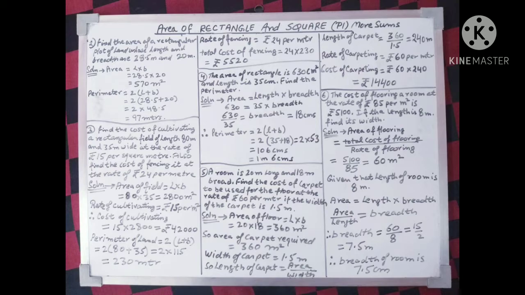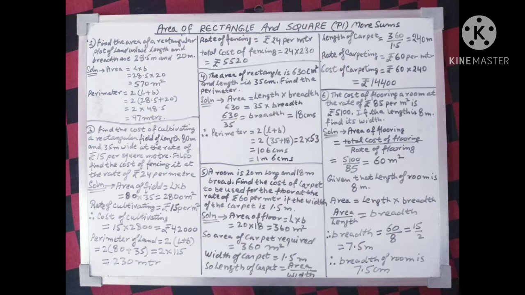The question says a room is 20 meter long and 18 meter broad. Breadth and width means the same thing. Find the cost of carpeting the room with a carpet of width 1.5 meter at the rate of rupees 60 per meter.